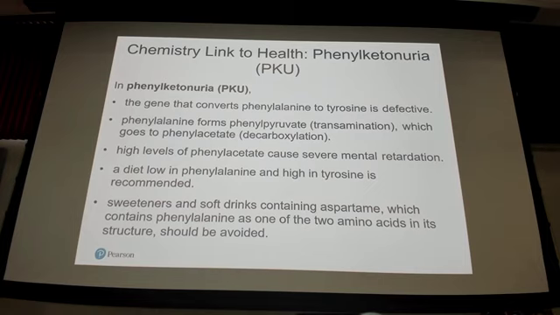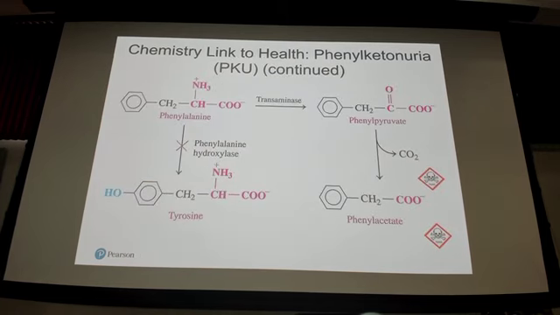We also ensure that they don't eat any foods that have phenylalanine, such as aspartame, an artificial sweetener that uses phenylalanine. So again, this is just that pathway that ties into a little bit of what we talked about, both the defective enzymes, metabolism, and the transamination that we discussed in this block of instruction.